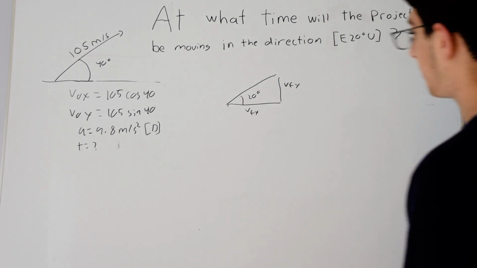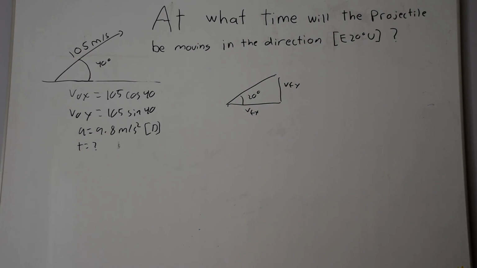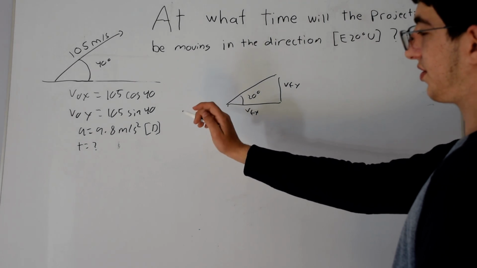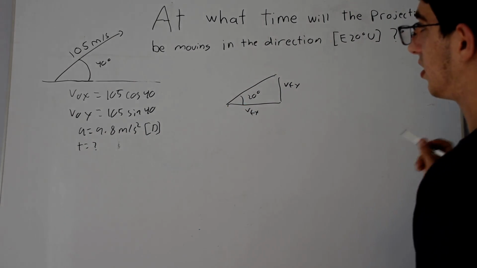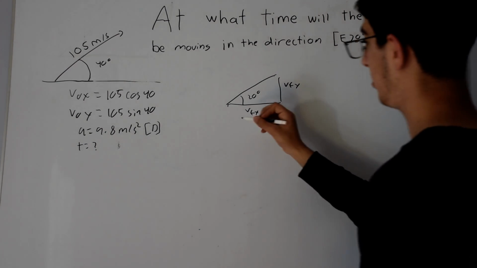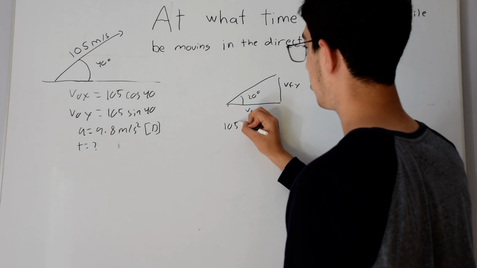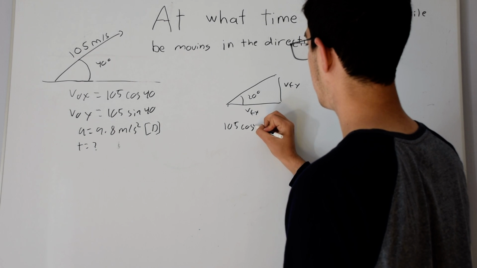We know, because the question is giving this to us, that this angle is going to be 20 degrees. Because the acceleration is in the vertical direction, the final velocity of the ball in the horizontal direction is just the initial velocity in the horizontal direction, so 105 cosine 40.